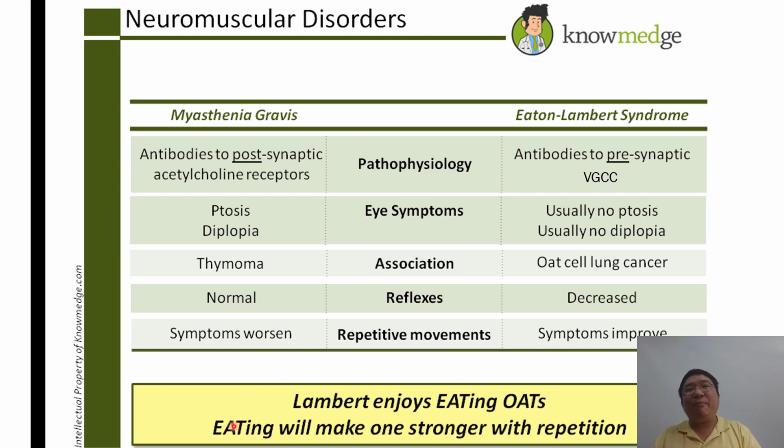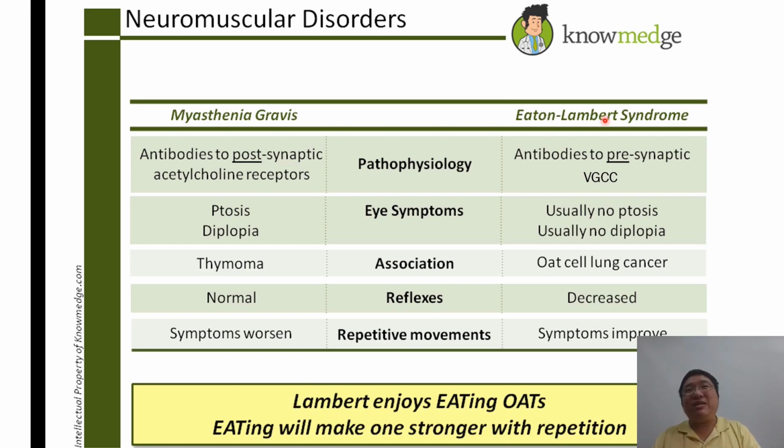One guy tried to create one sentence that may help you remember, but I think it is more confusing than helping. Lambert enjoys eating oats. Eating will make one stronger with repetition.